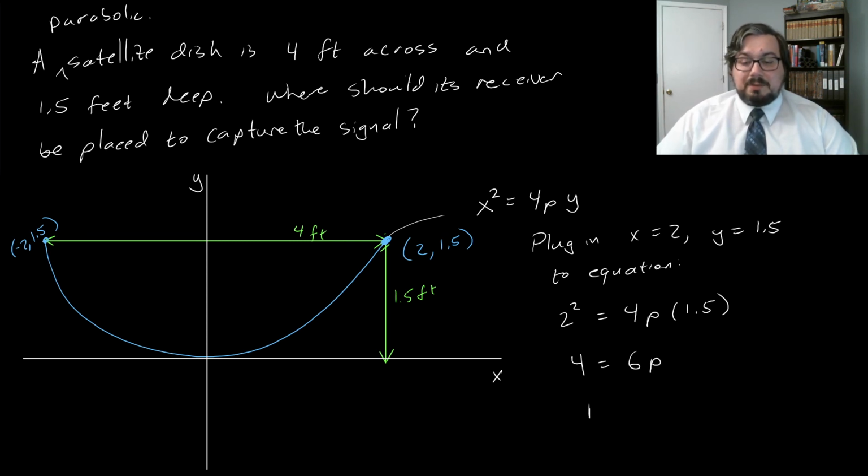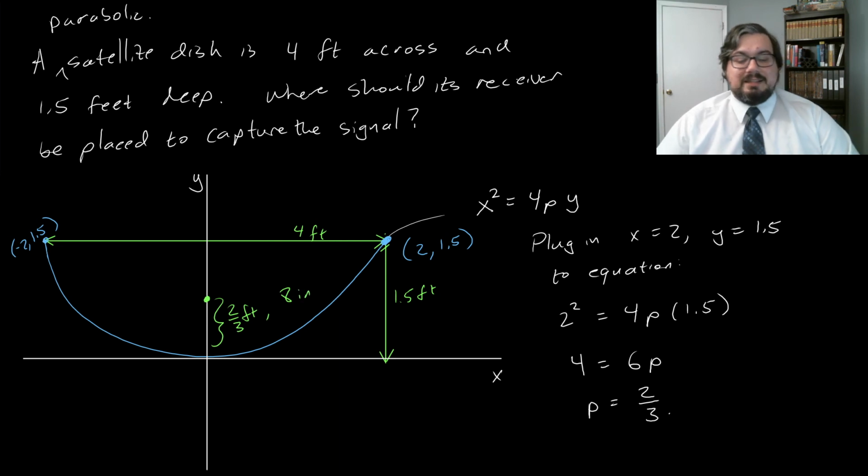And so solving for p, we get p is equal to 4 divided by 6 is 2/3. So that tells us that the focus should be 2/3 feet up from the center. Or, as you would probably state it, 8 inches.